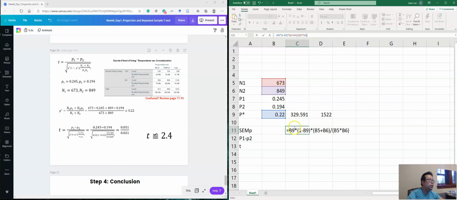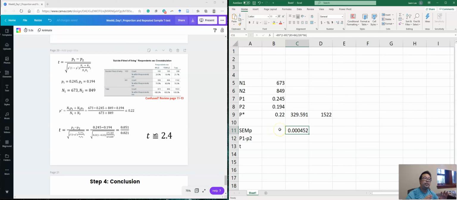This part here, B9, is the P star, and 1 minus P star here. And B5 and B6 are the n1 plus n2 in the calculation, divided by n1 multiplied by n2.